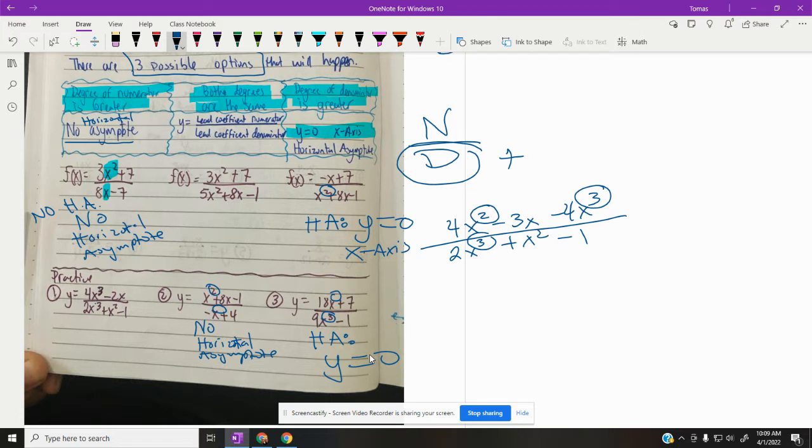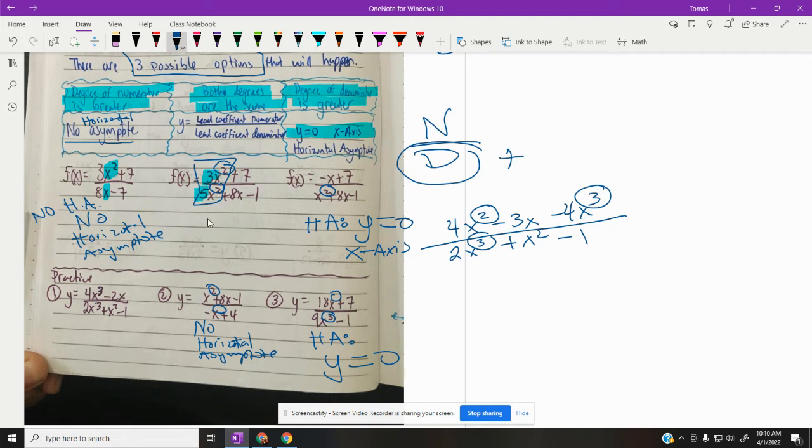Now, the other option that could possibly come up is what happens if the degrees are both the same. Well, if the degrees are both the same, you put your attention on the coefficients of the terms that have the degrees. I'm only looking at this term because it has the highest degree, and this has the highest degree.